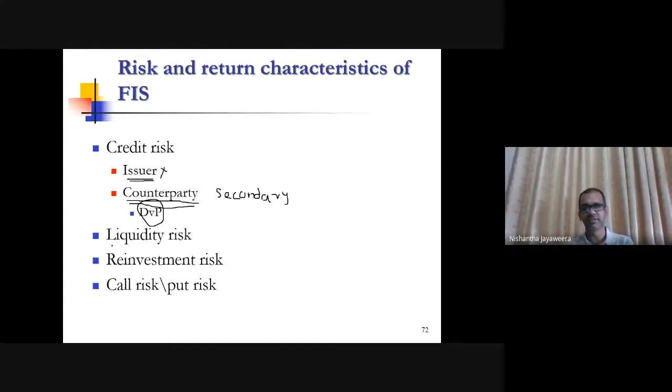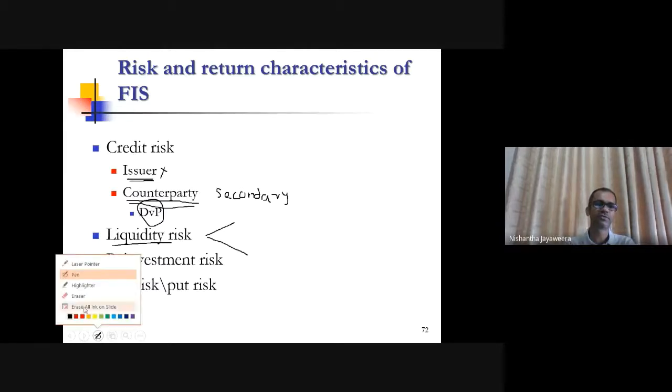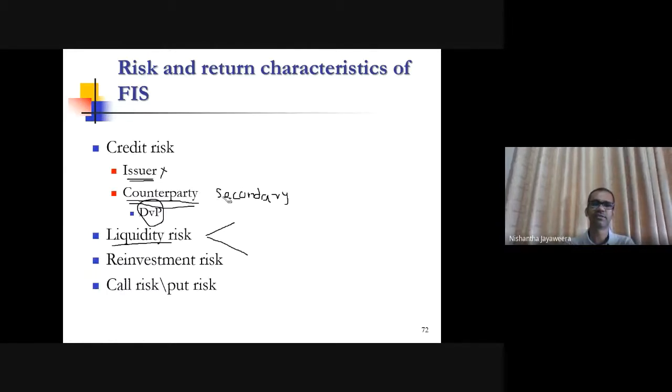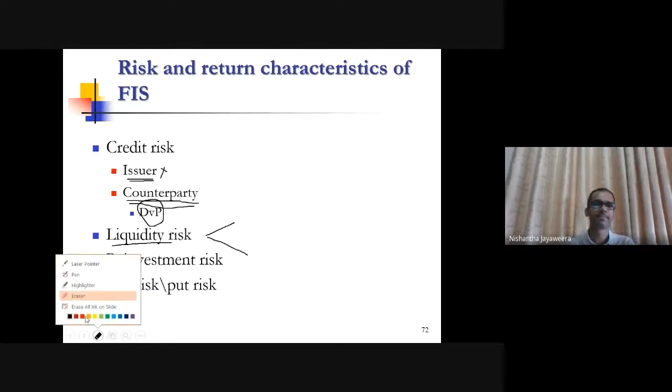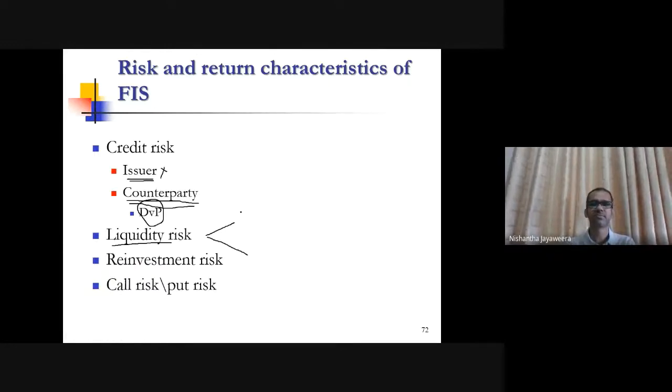Then the liquidity risk. Did we discuss liquidity risk? There are two types of liquidity risk. Have you discussed this? One is funding liquidity.